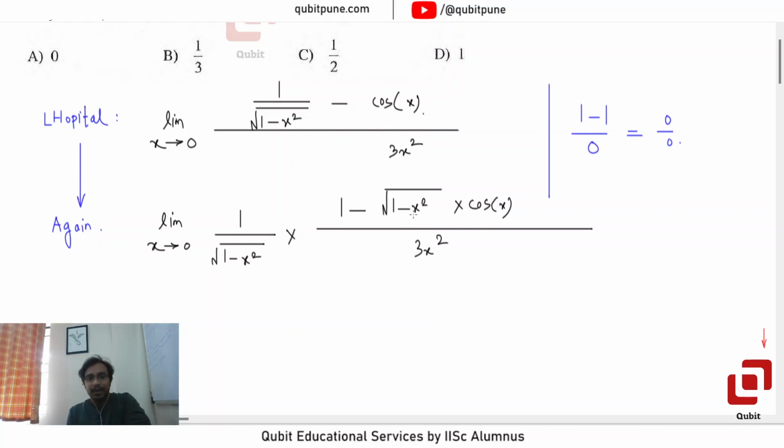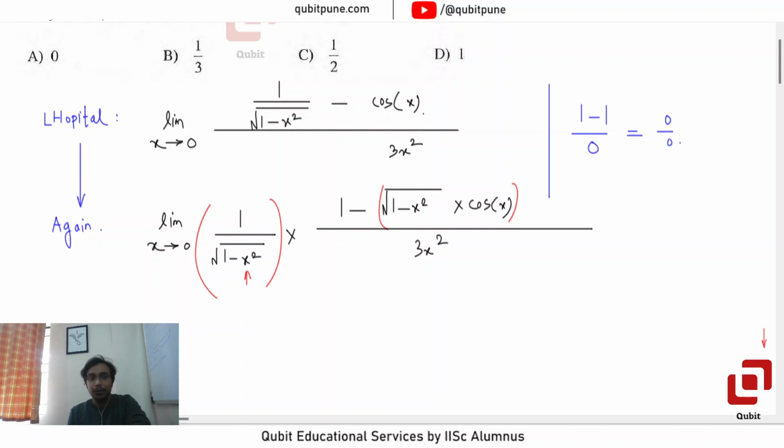Now, why did we do it? Well, we have product rule here, if at all we are going to apply the rule again. But now this part has been taken care of, because if I substitute x equal to 0 right here, I am not getting 0 in the denominator.